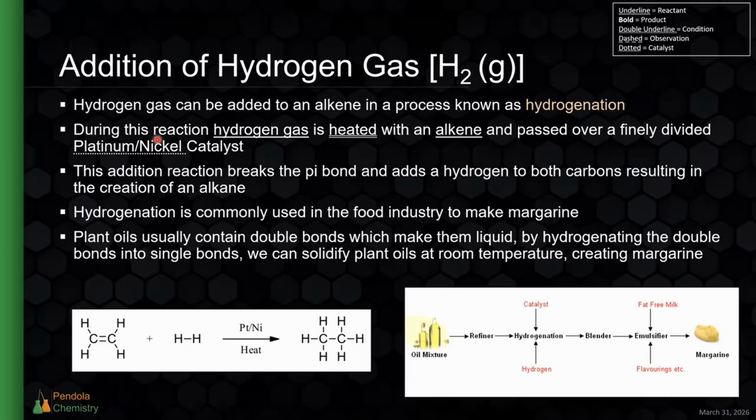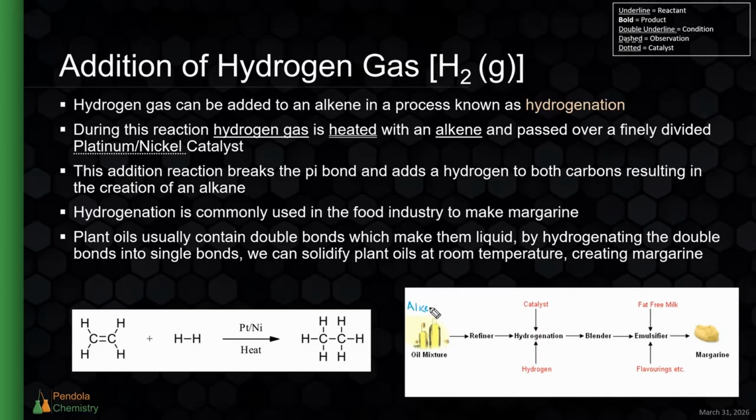So let's look at all the individual types of addition reactions. First, we have the addition of hydrogen to an alkene, and this process is also known as hydrogenation, right? Hydrogenation is just a common name for this process. It's actually used a lot to turn liquid oils into things like margarine. So liquid oils can become solid oils because most oils that are liquid, what we usually call the healthy oils, are alkenes.